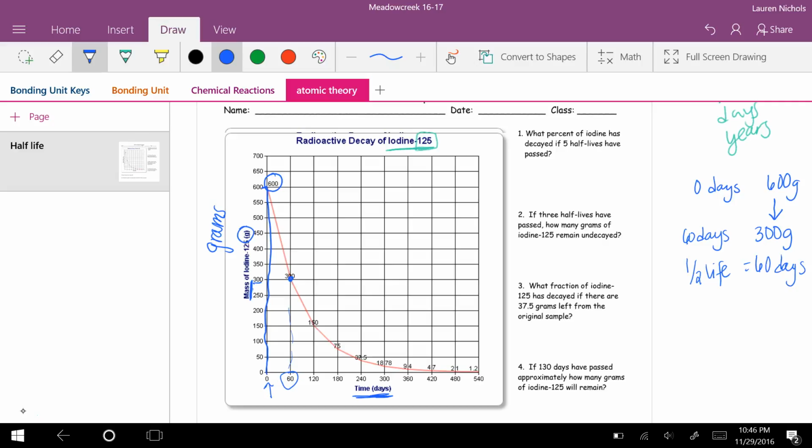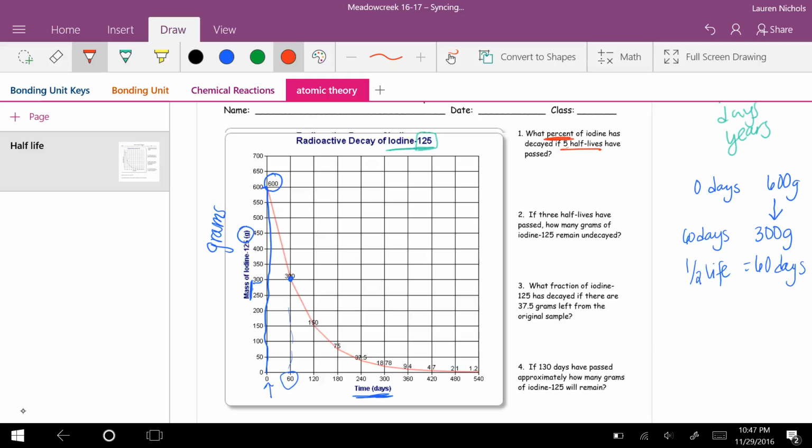Remember that my half-life is equal to a unit of time, not mass. So our half-life is not 300 grams, but it's the 60 days that it took to get to the 300 grams. So if we look at problem number one, it asks us what percent, so we know they're looking for a percent as our answer, of iodine has decayed if 5 half-lives have passed.